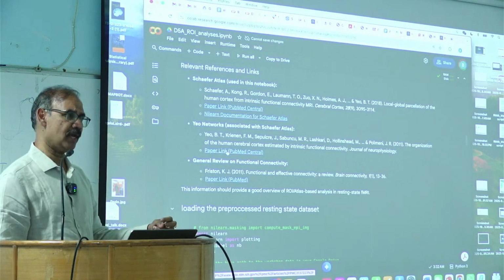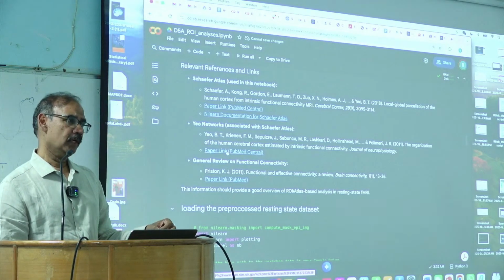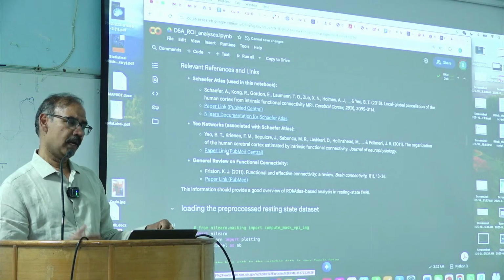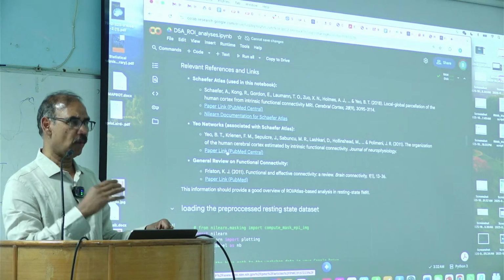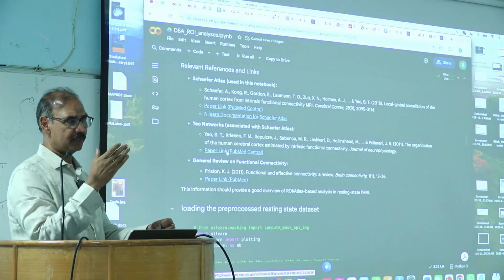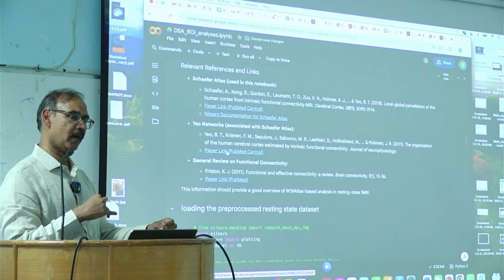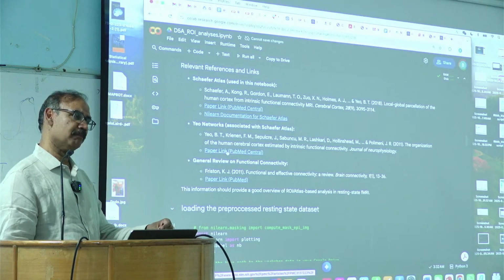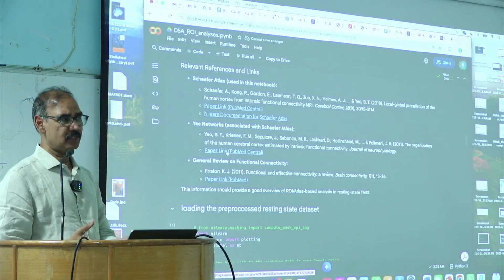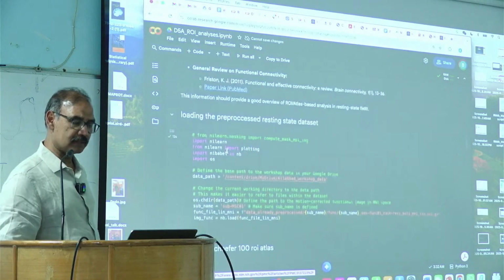While in ICA, it may get affected if the region has low activity versus high activity, which determines where that principal component is going to be. With this one, it doesn't matter because you're averaging the spatial map, the time series, and then doing the analysis.